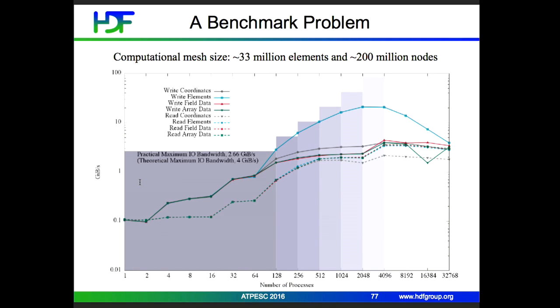As part of the CGNS standard, they have a standard suite of benchmark problems with a particular airfoil or something like that, and for validation, these are the tolerances, and you have to pass that test. But in terms of performance, you also want to see, as you scale out to tens of thousands of processes, that for individual elements, like writing the coordinates and writing the elements, there is some scalability.